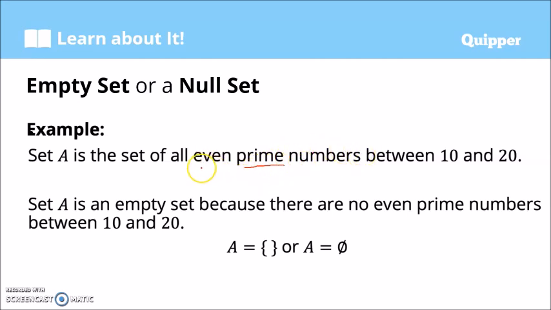And we're looking for even prime numbers between 10 and 20. Okay, when we say between, hindi kasali si 10 at saka hindi kasali si 20. Sa pagitan nilang dalawa. So, let's say even, ano? So, 12. Factors ng 12 ay 1, 2, 3, 4.